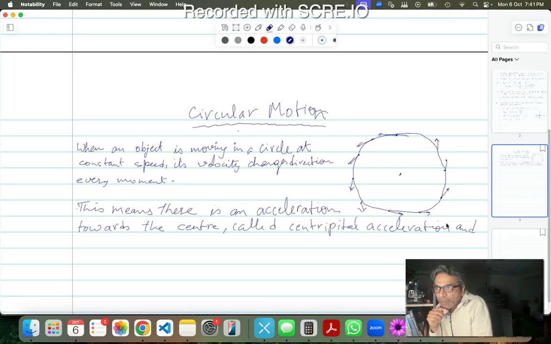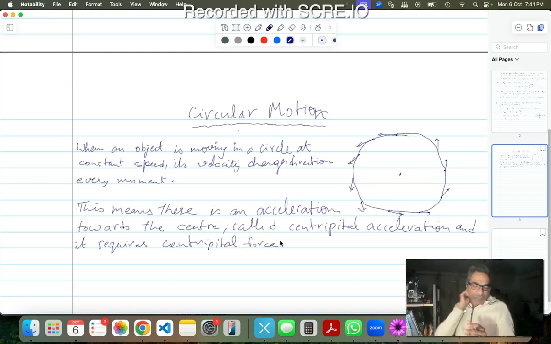Because there is an acceleration, it requires centripetal force. Perfect.